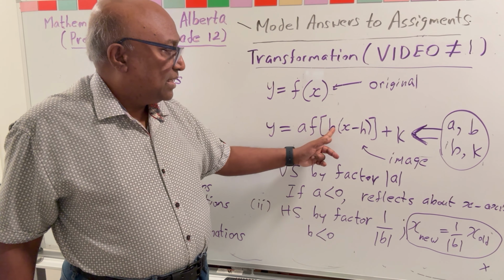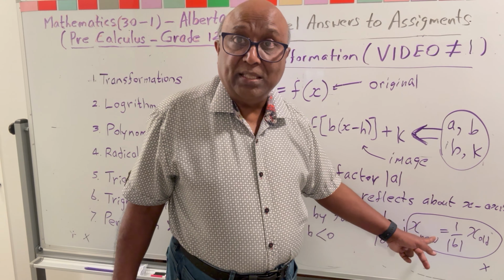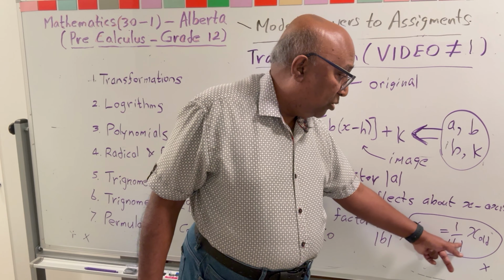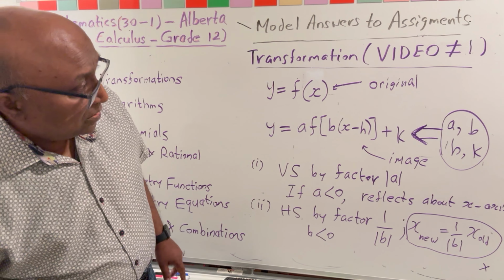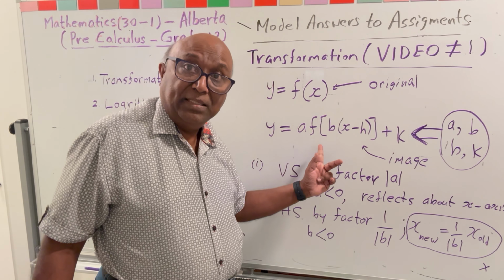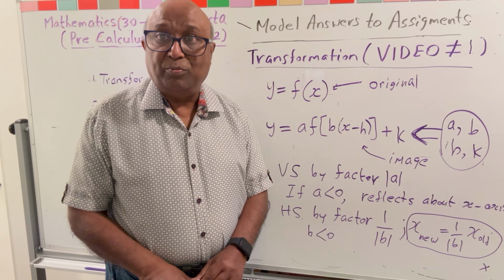When there is a factor B here, this is the way to calculate the new value of x. Okay, now I have talked about the effect of these parameters A and B. That should be clear for everybody.